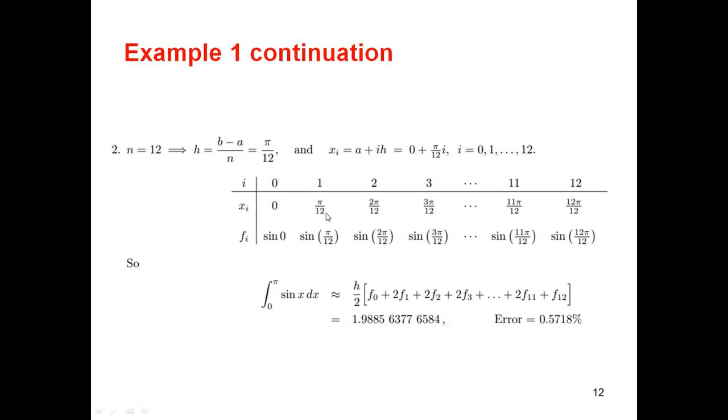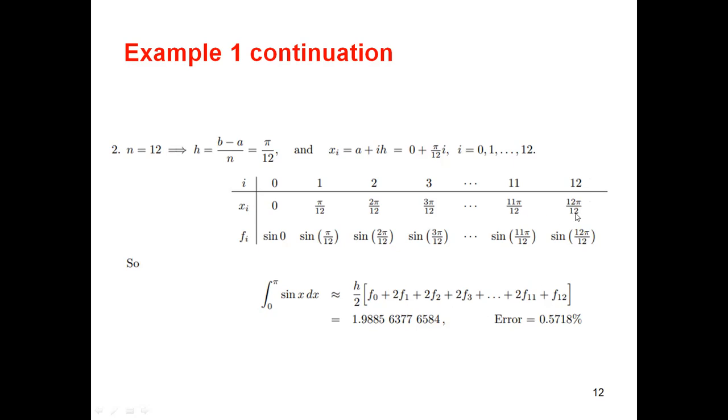Then you have pi over 12. You add pi over 12 to that, so you have 2 pi over 12. You add another pi over 12, you have 3 pi over 12. You're going to do that until you reach the 12th division, so you will have 12 pi over 12, or pi. And this pi is your upper limit.